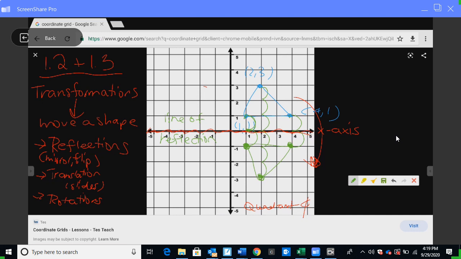If we were to reflect it on the y-axis, the y-axis would be this vertical line here. I have to figure out how many jumps it takes to get from this point to my y-axis. It took 2 jumps, so it'd be 2 jumps on the other side. That would be my new point. This one's 1 jump from the y-axis, so it's got to be 1 jump on the other side.